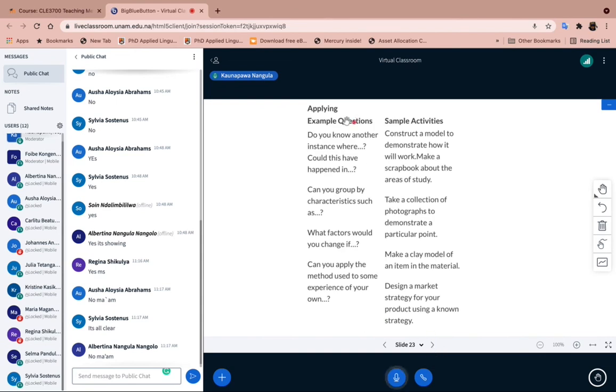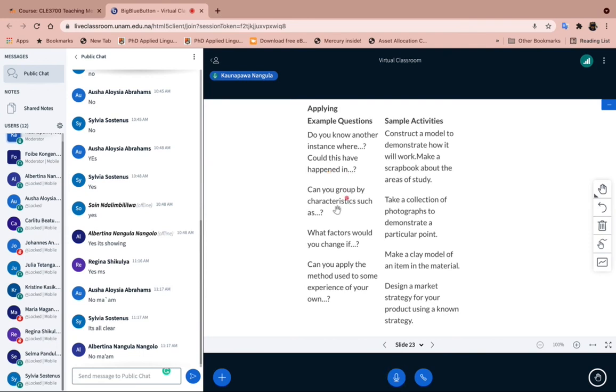And then we've got apply examples. Do you know another instance where something that they've read about or listened to happened? All right, and could this have happened in whatever situation that they are going to apply?